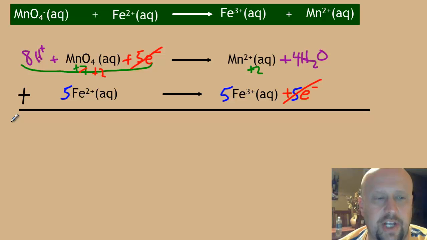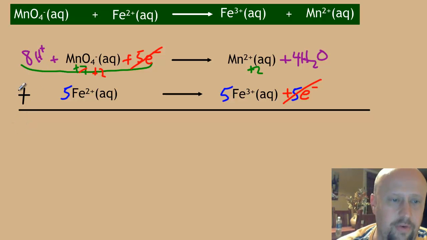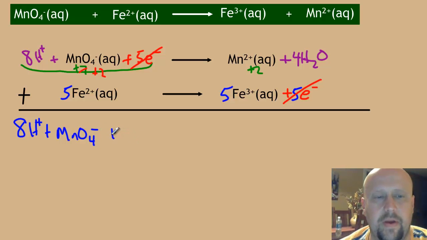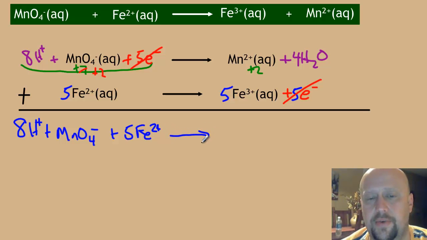So now I'm just going to write down essentially what I've written. So I'm just going to bring everything down. So I've got 8 hydrogens, plus 1 permanganate, plus 5 irons, 2 plus iron 2.